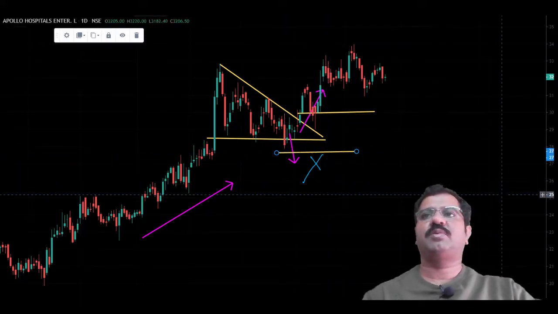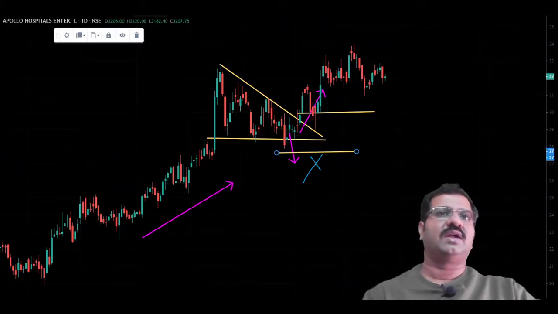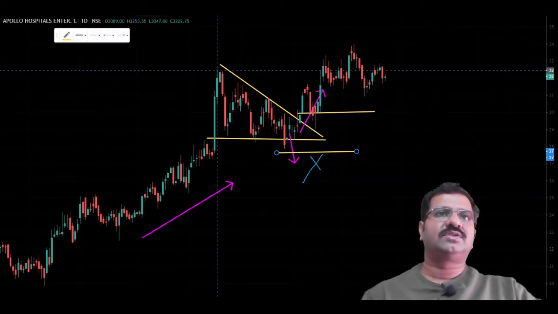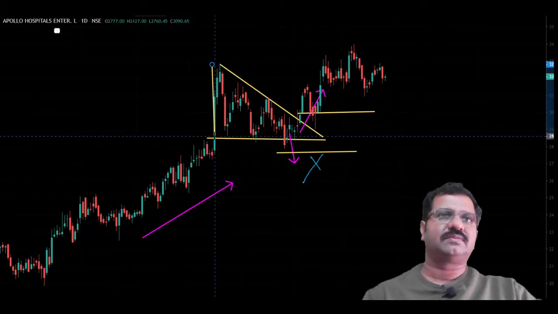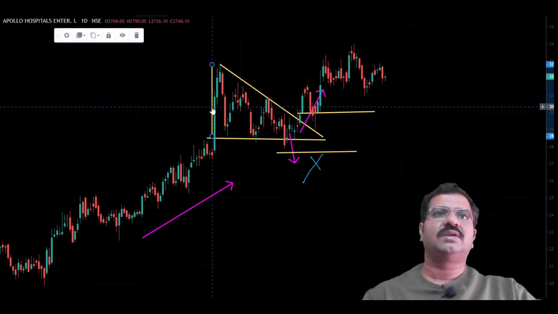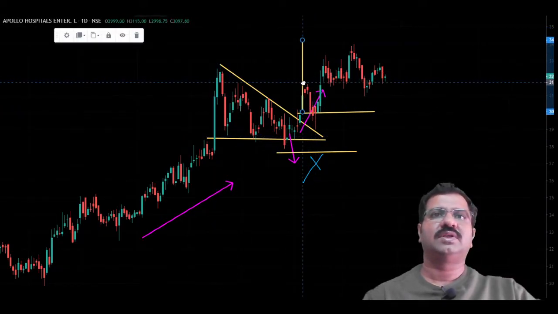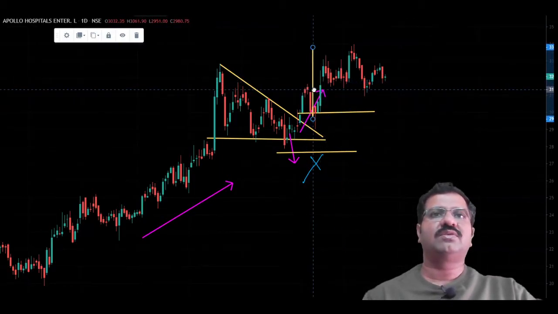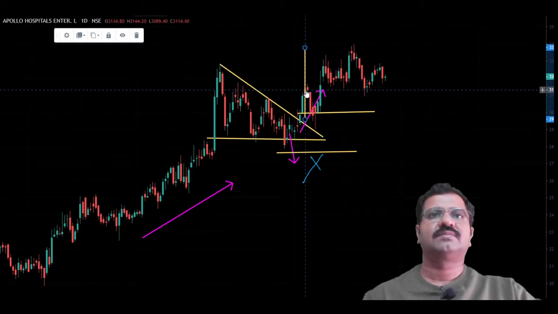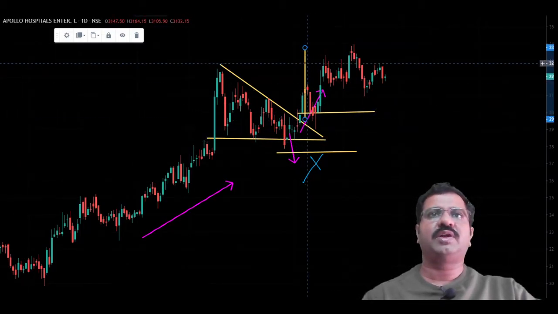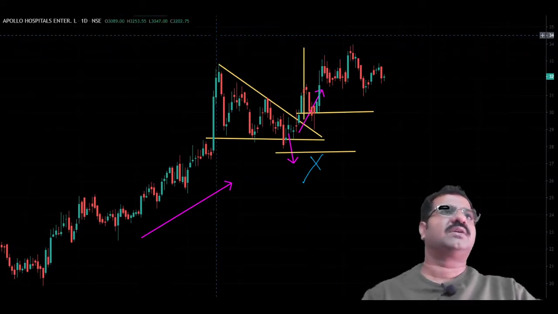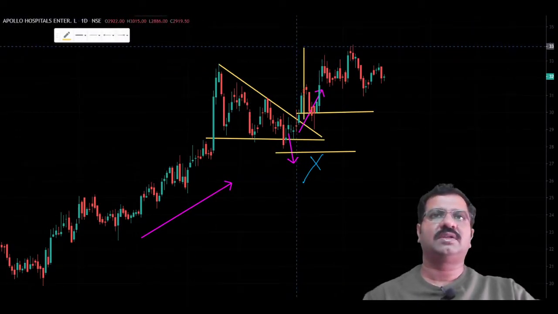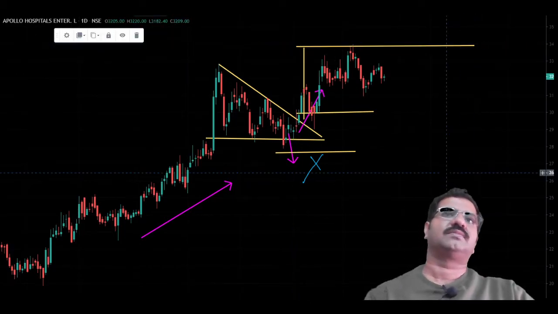And what will be your profit target? It should be the same as this height. I will place the same here. From this breakout you have to calculate, exactly from the breakout point. So your target is somewhere at this point.